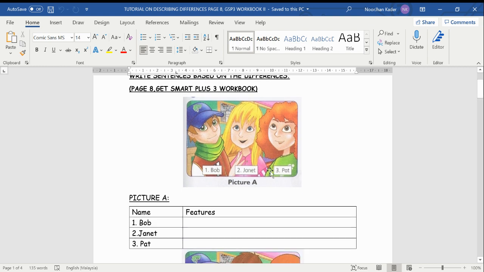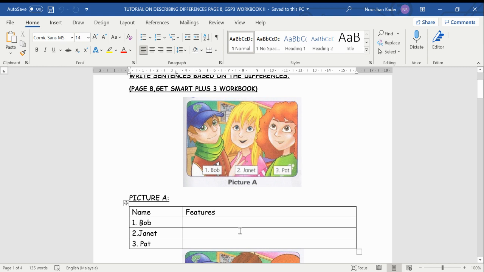In the first picture you can see there are three people. One is Bob, second is Janet, and third is Pat. Here I have already prepared a table for picture A with the names: number one Bob, number two Janet, number three Pat, and features.